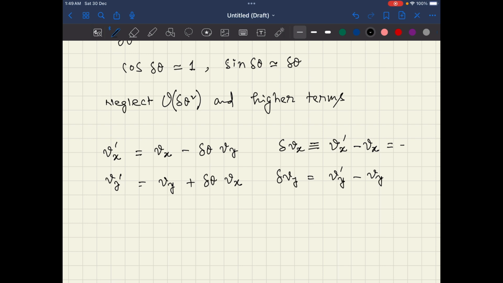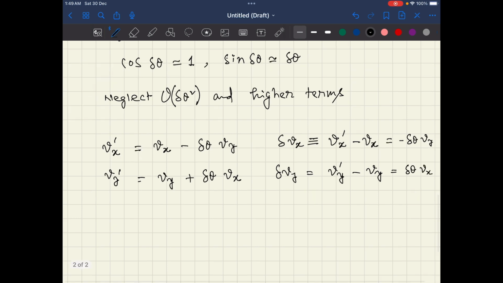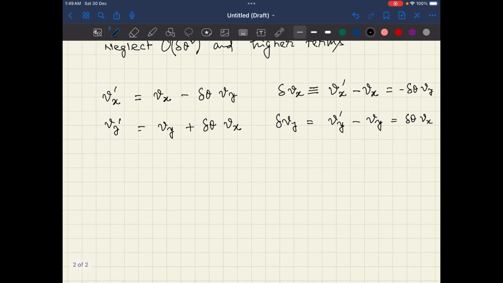So this is actually minus delta theta Vy, this is actually delta theta Vx. Okay, now note that v is any vector. It could be a position vector, it could be a momentum vector, or any physical vector. So let us consider v as a position vector.